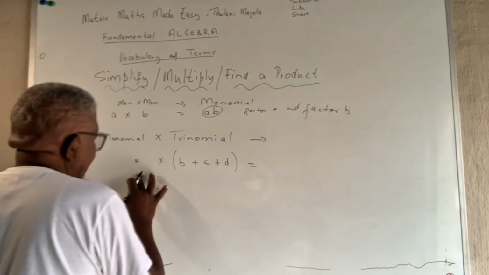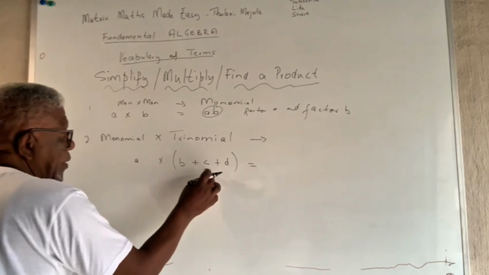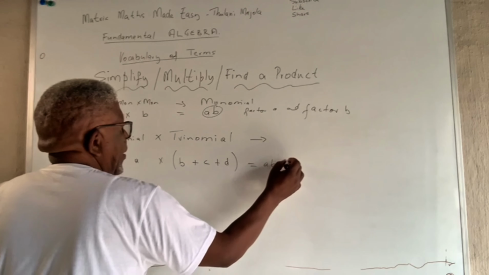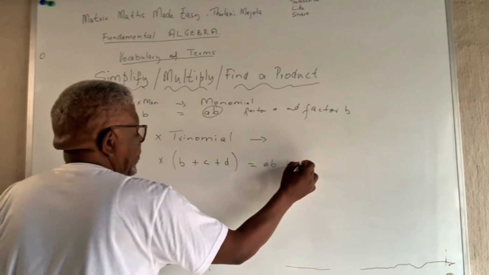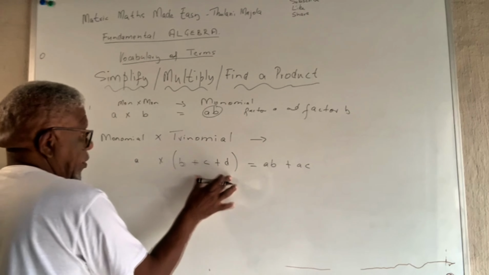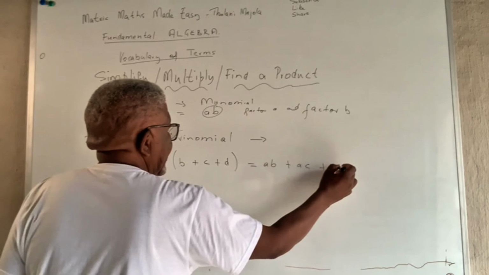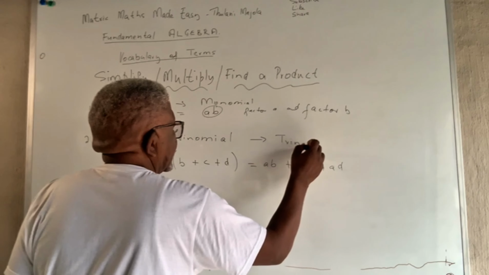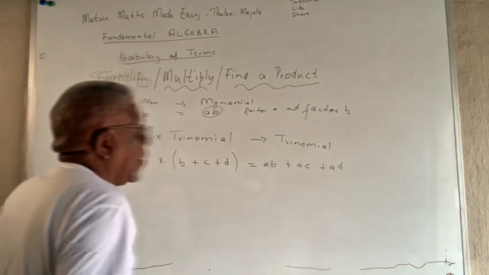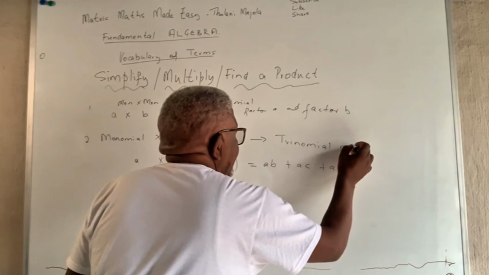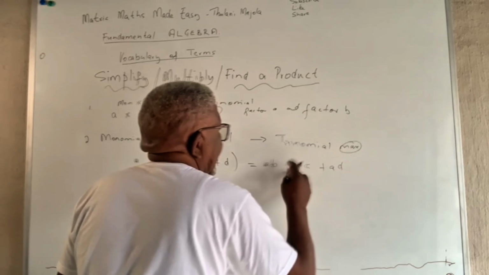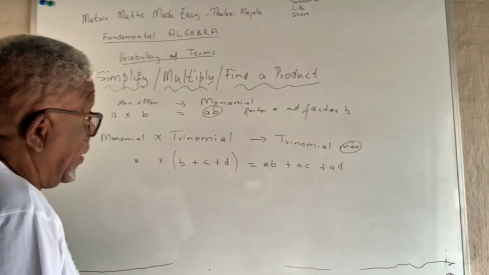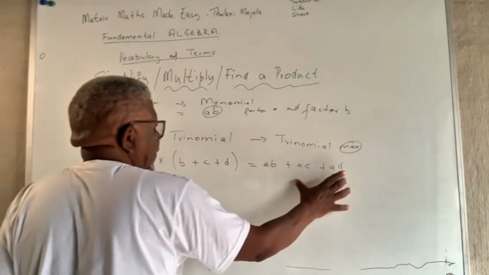You have to multiply each term. So it's 1 times 3, so 3 terms. So A times B plus A times C, you distribute A into the bracket, plus A times D. So you get a trinomial, a maximum of 3 terms, not more.